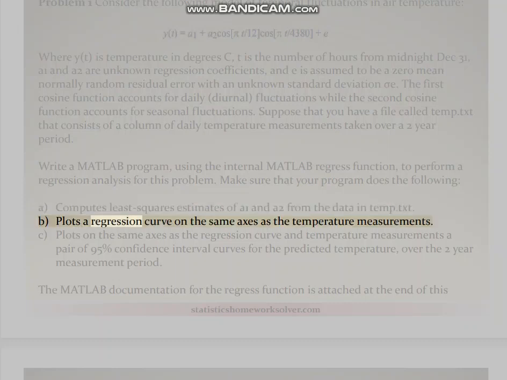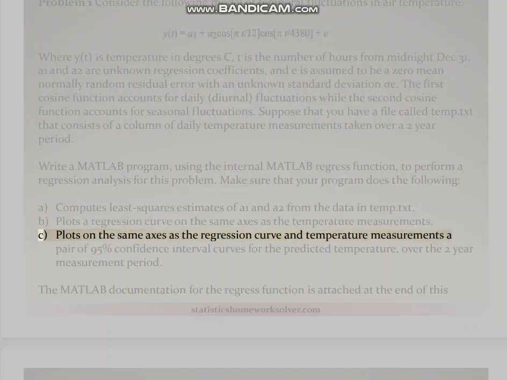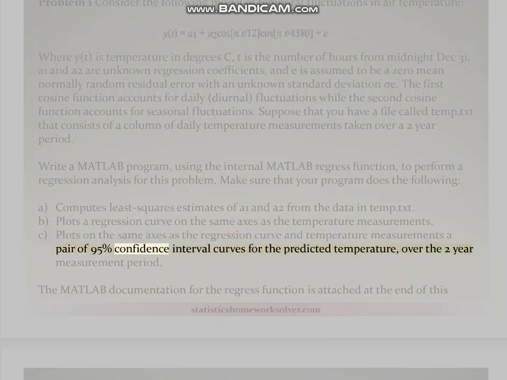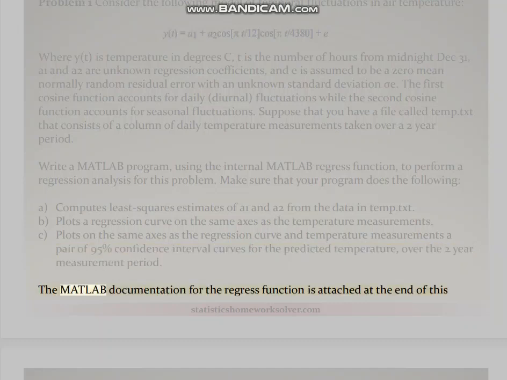B. Plots a regression curve on the same axis as the temperature measurements. C. Plots on the same axis as the regression curve and temperature measurements a pair of 95% confidence interval curves for the predicted temperature over the 2-year measurement period. The MATLAB documentation for the regress function is attached at the end of this exam.